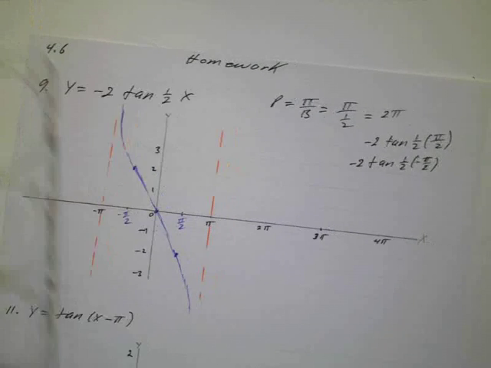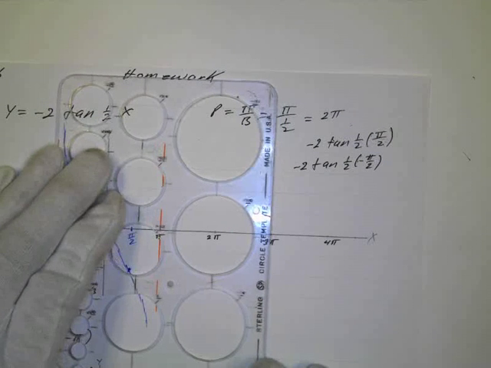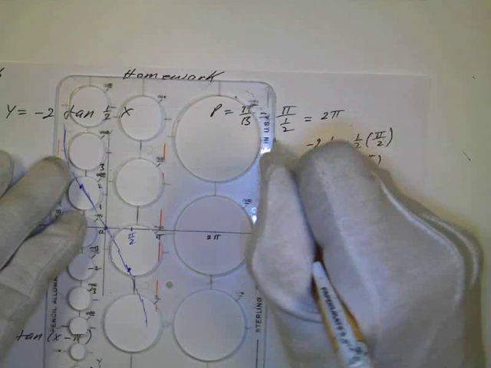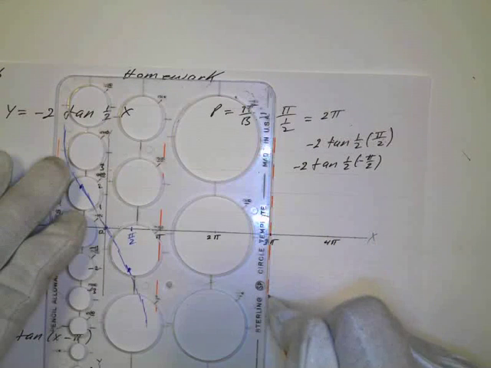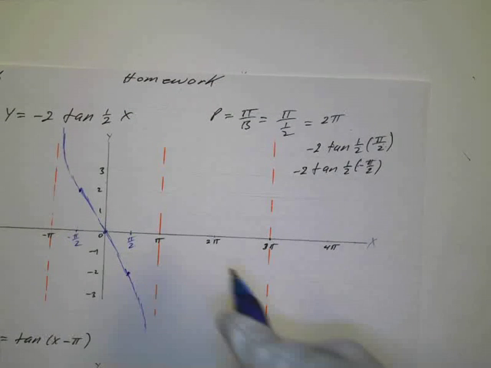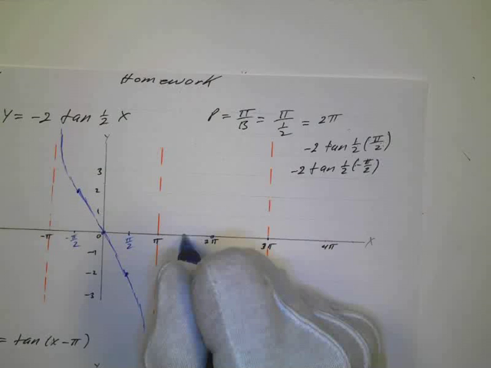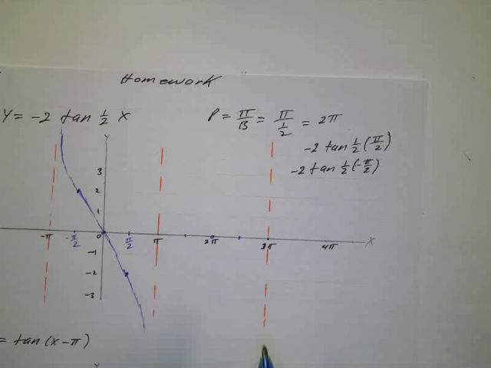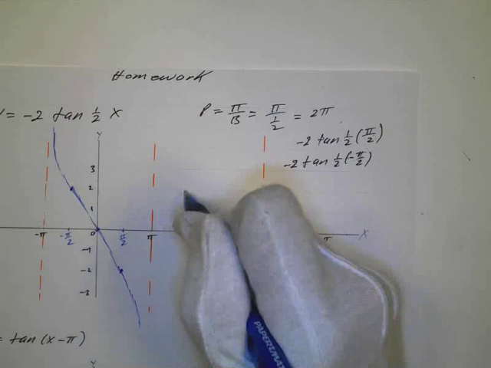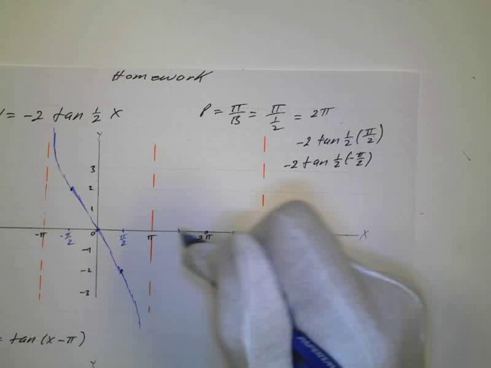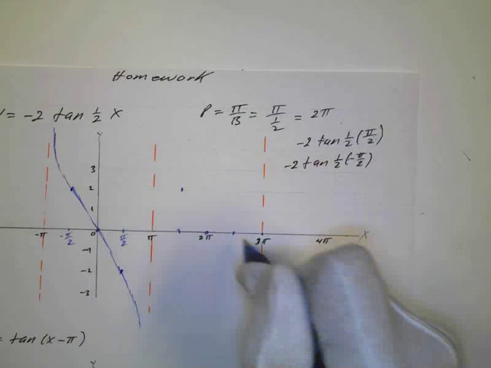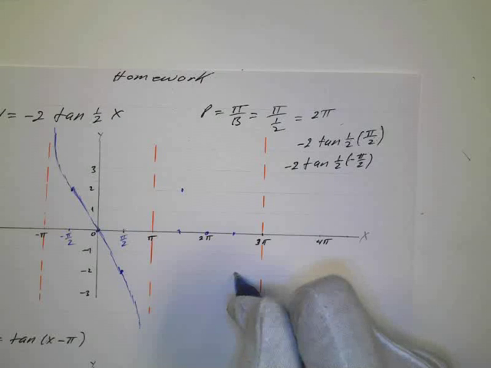Okay, and then let's do one more asymptote over here, because we want 2 periods, so I'll draw this one over here, which is another 2 pi away. And then again we have our center point, right in the center. And right between the center point and the asymptotes, those are your checkpoints. And again, this side over here was negative, so it ended up being positive 2, and down here was the negative 2.